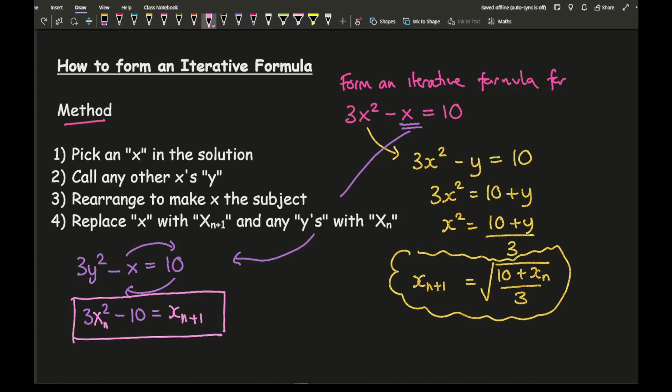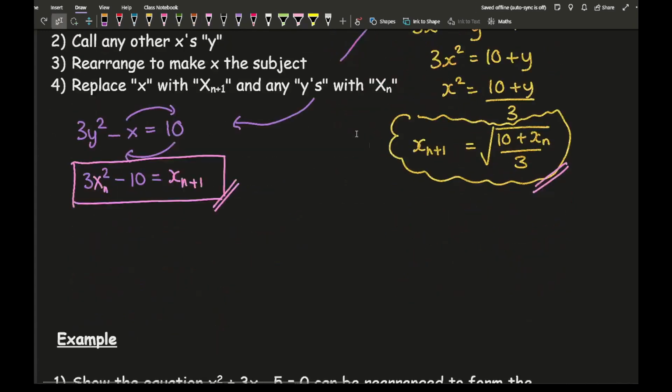Well, if you notice that the original equation is a quadratic, and you tend to find that with quadratics you can have two solutions. So for one solution I would use this iterative formula, and for the second solution I would use the other iterative formula. So again, they may ask you to find both, they may ask you to find one, but if there are two x's in the original equation, then there'll be two different iterative formulas that you can create.